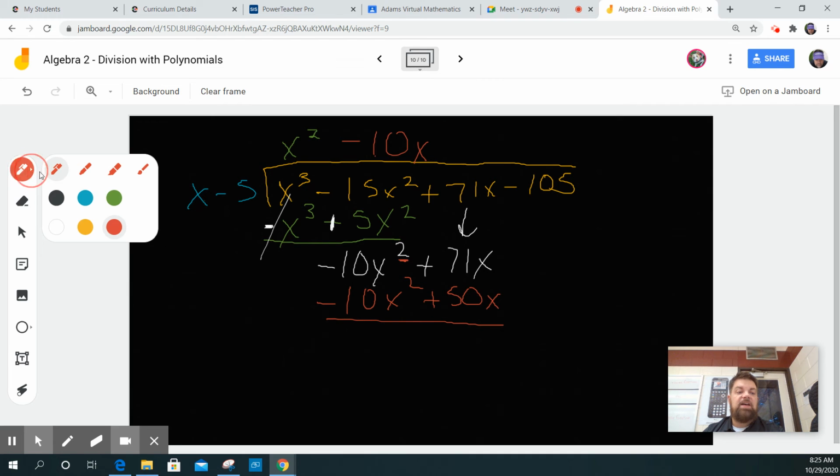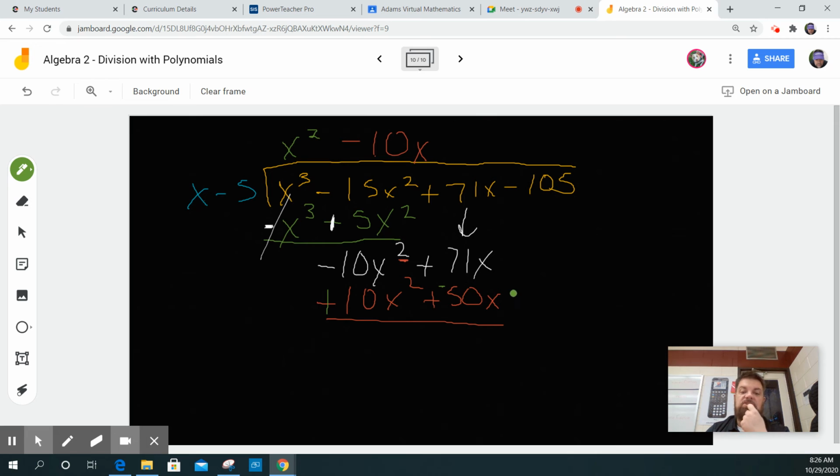Now, before I add that up, what I need to do is subtract it. So when I minus a minus, this becomes a plus. And this I'm just going to subtract, right? Because it starts off as positive. I start off adding 50x, and then I'm going to subtract 50x. These cancel. 10x squared minus 10x squared is 0. And then this becomes 71 minus 50, which is just 21x.